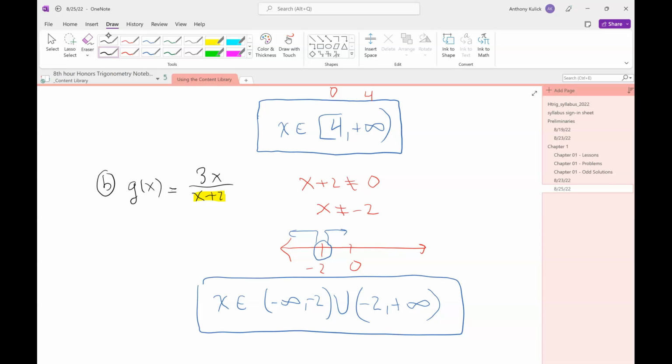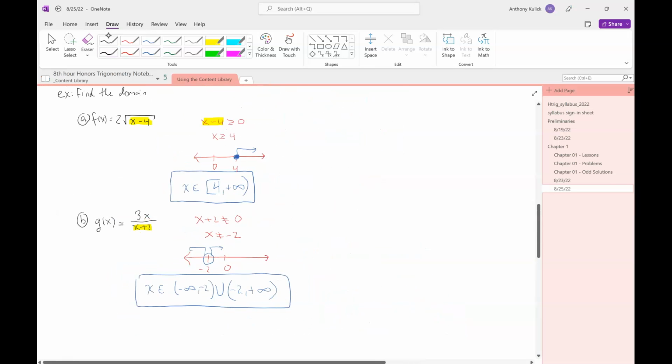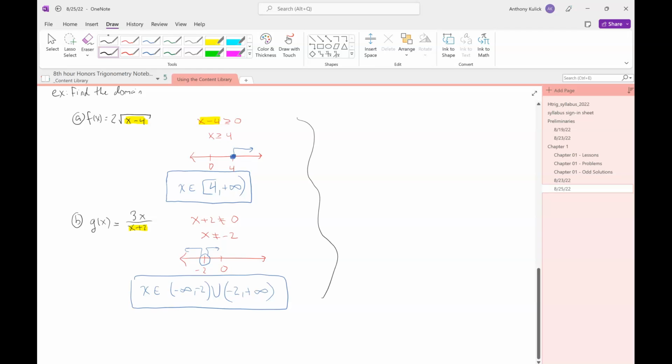Okay. So what we've looked at right here, these two examples, these are something called implied domains. Because to calculate those, all of it just depended on the equation, right?